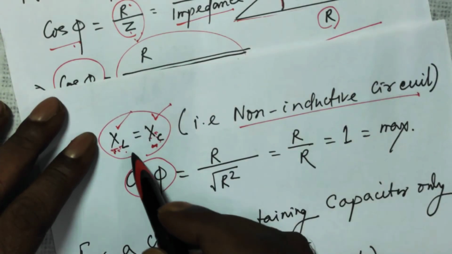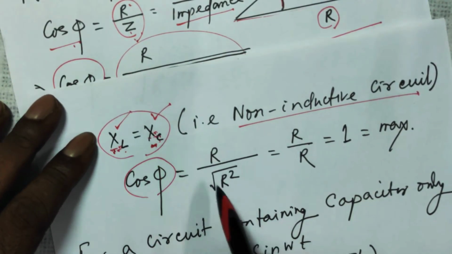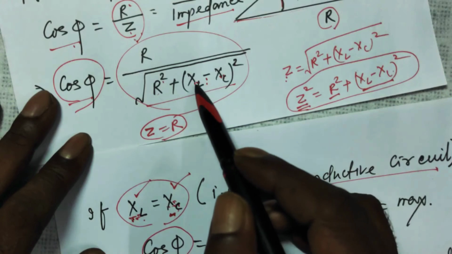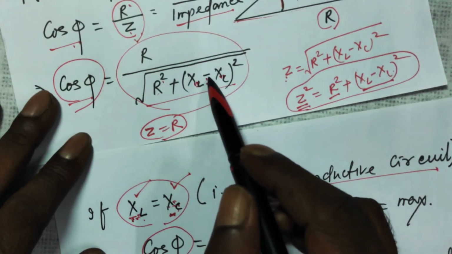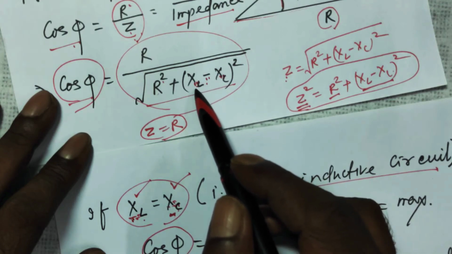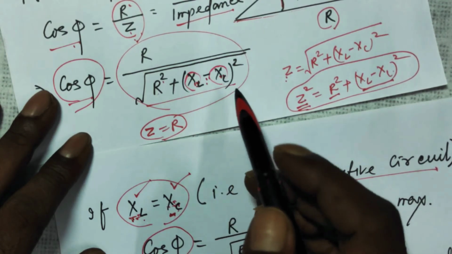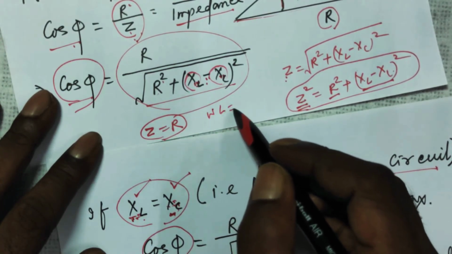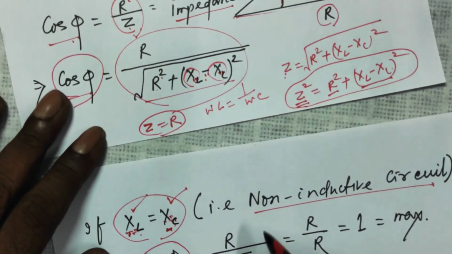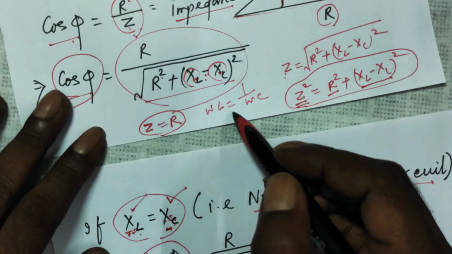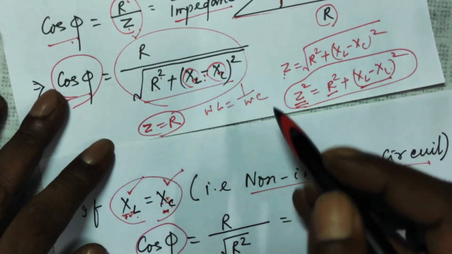So if both these things are equal, you can put it here. This is equal to this. That is omega L is equal to 1 by omega C. Under this condition, there was a resonance, and we had derived the resonance frequency also.